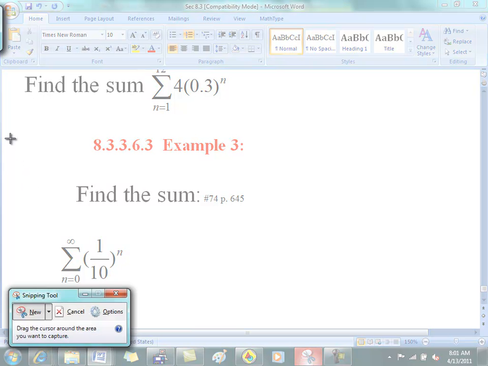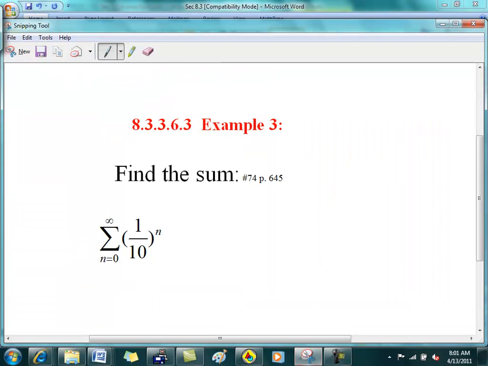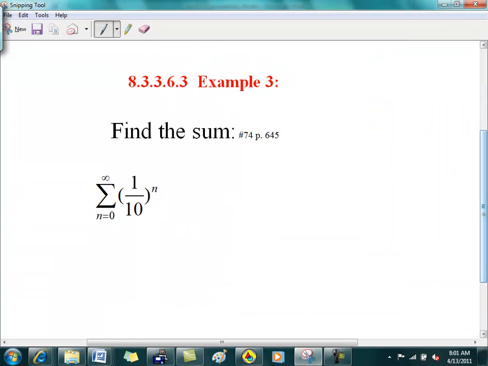In order to avoid the trap in these kinds of problems, the way is to write the first terms of the sequence by hand. So if you put n equals 0, what do you get? 1.